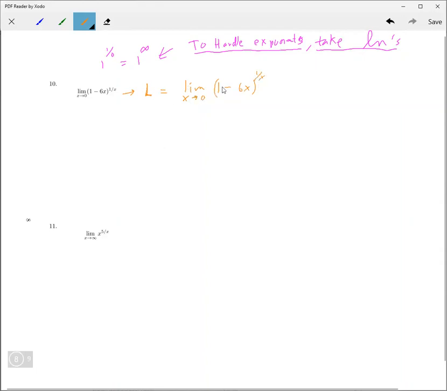So I let L equal that. That's our limit. Now I'm going to take logarithms. The natural logarithm of L is equal to the limit, as x goes to 0, of the natural logarithm of 1 minus 6x to the 1 over x.